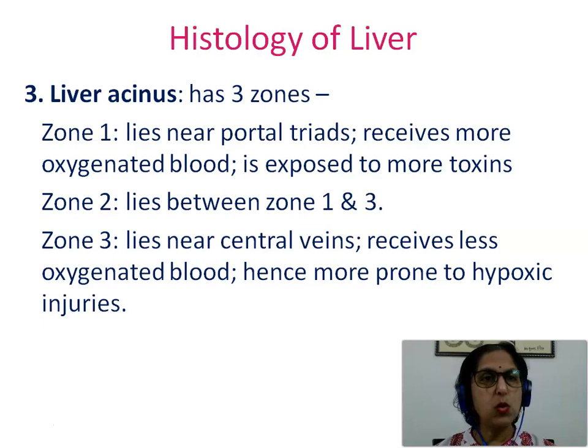Zone 1, which lies near the portal triad, receives more oxygenated blood and is exposed to more toxins. Zone 2 lies between zone 1 and zone 3. Zone 3, which lies near the central veins, receives less oxygenated blood, hence it is more prone to hypoxic injuries.